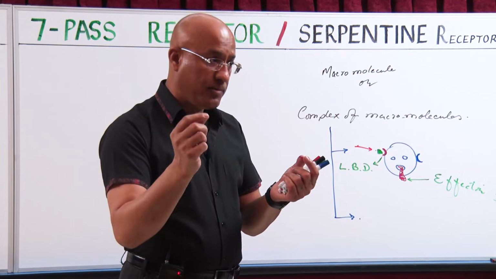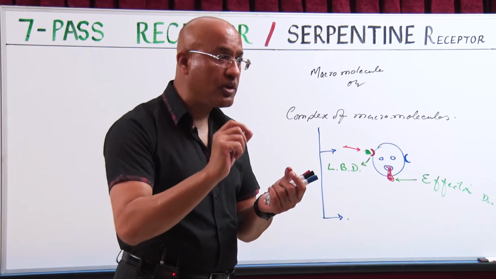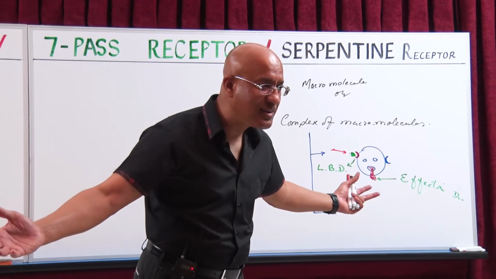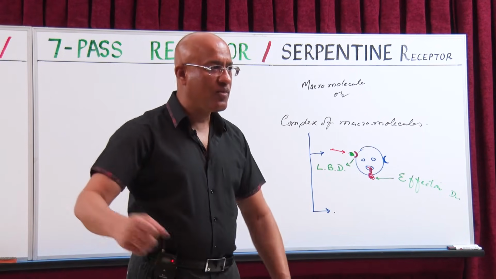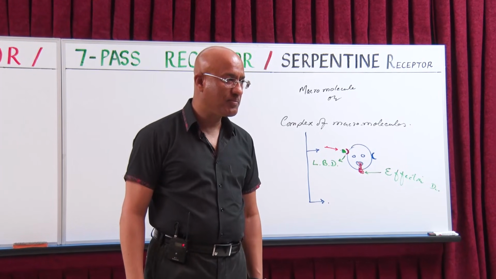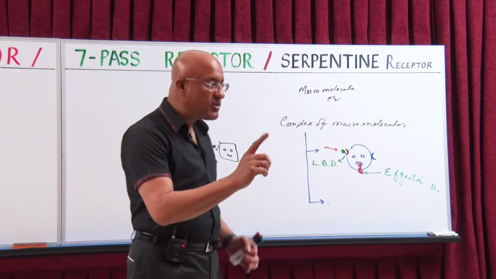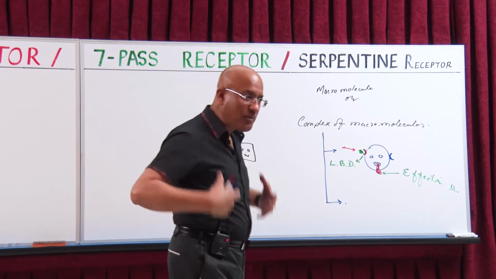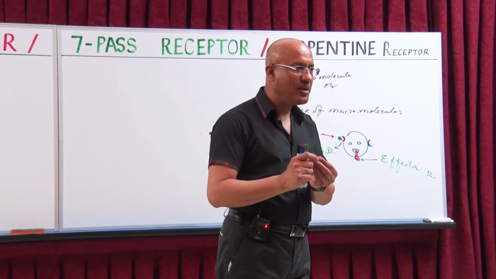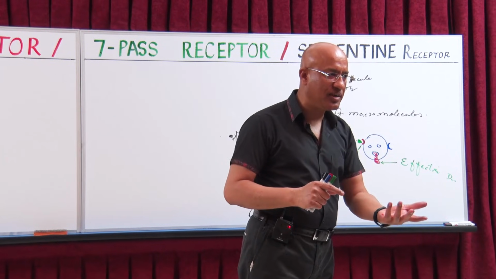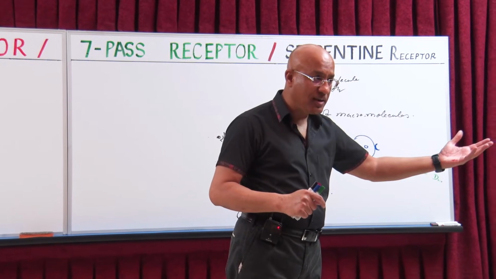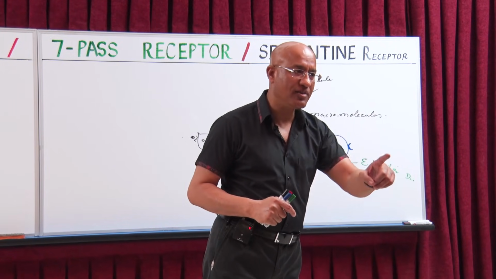And usually when substances bind with the plasma proteins, they do not produce any special or specific biological response. It is just like you are doing like this, but there is no response. So every macromolecule in our body which can bind something but does not undergo any conformational change and does not produce any effector biological response cannot be called a receptor.